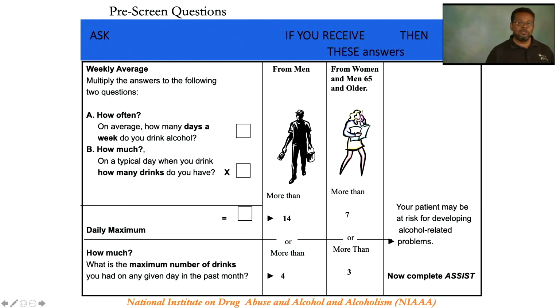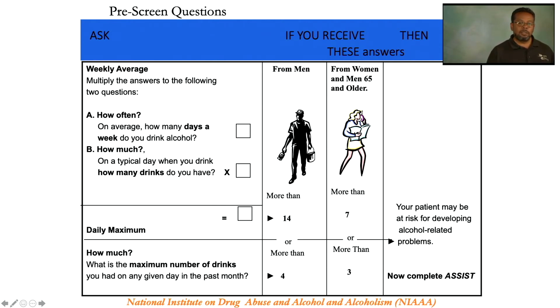They might only be consuming 12 drinks within a week, but they're drinking 6 drinks within a day. Again, that can have an impact on their health and also their mental health. Definitely would contribute to some increased symptoms with depression. And so that would be something that you want to take that person forward to the actual screening process.